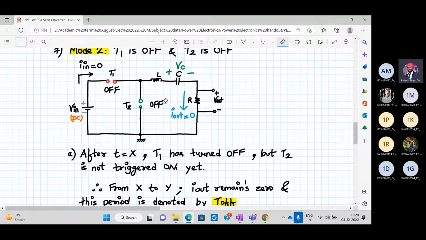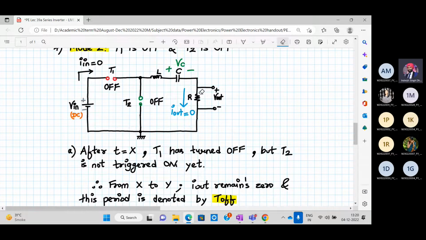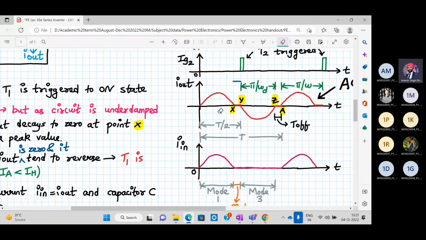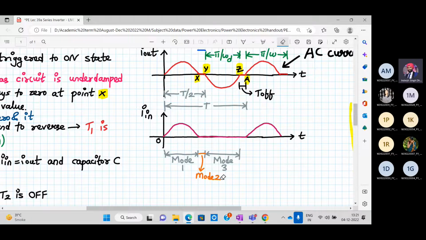Remember from the previous cycle, your capacitor was charging, and this will hold the charge VC. So this VC will make the T2 forward biased, but it is not triggered on yet. So what will happen? I_in will be zero. Even I_out will be zero in this case. As shown in the waveform between X and Y, there is zero current, and I_in is also zero. So this is mode 2 operation.